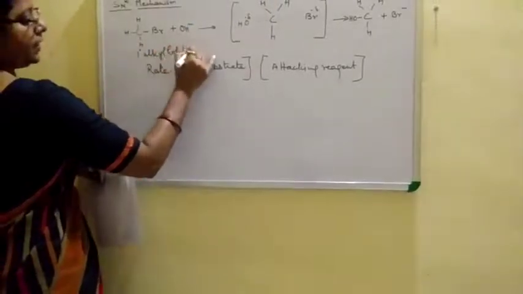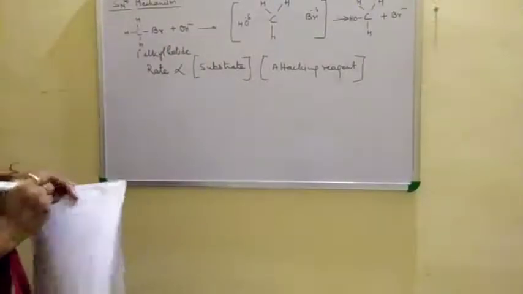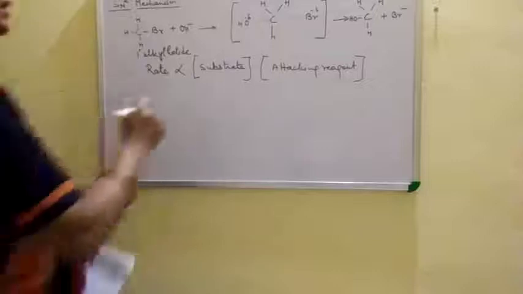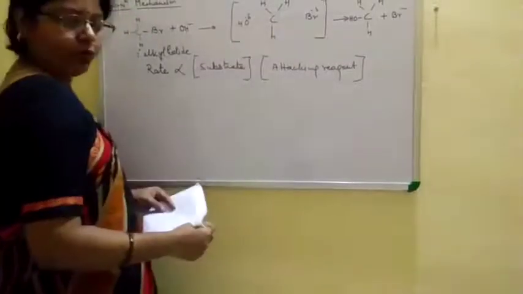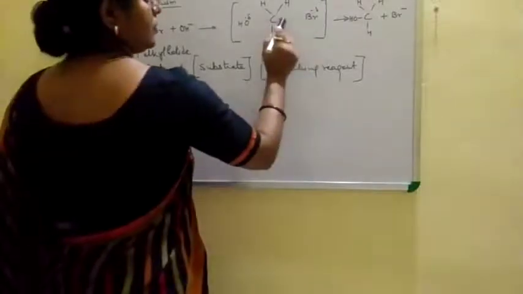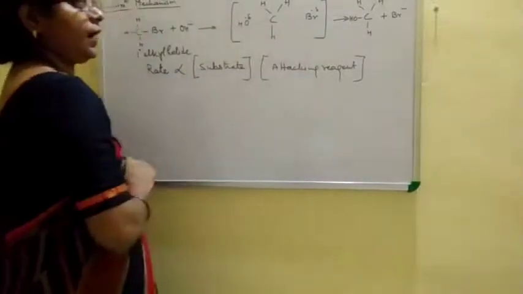When the primary alkyl halide is attacked by a strong nucleophile, OH minus, a transition state is formed where the nucleophile is attached to the central carbon atom.